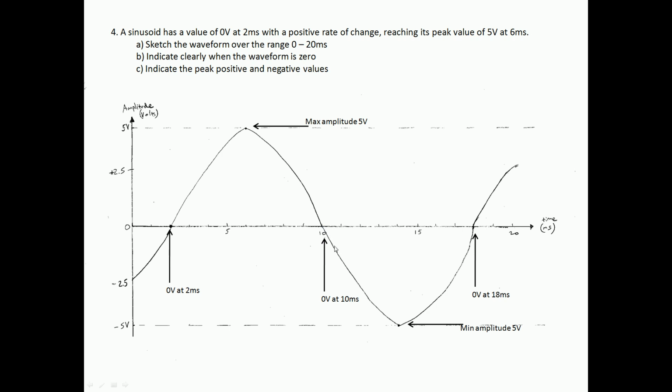So it's going to be another 4 milliseconds before it's at the minimum, and another 4 milliseconds before it's back at the 0 crossing point. And using this, I just extended the values from 18 milliseconds up to the full range of 20, because it's going to be halfway up at that point. And then I extended it back the other way in a negative direction from 2 milliseconds back to time 0.